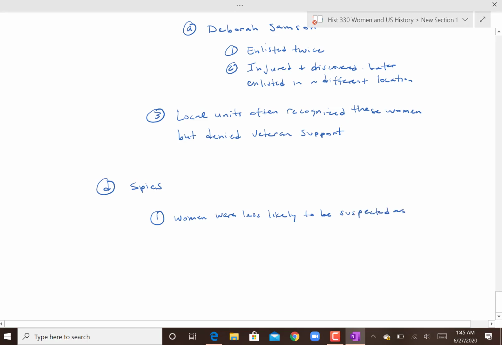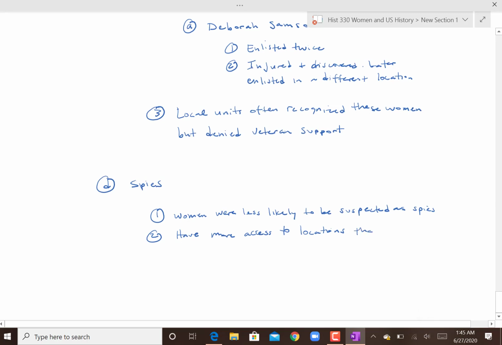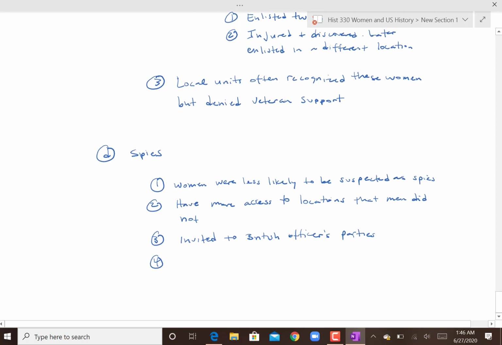So what this allowed them is that they were able to have more access to locations that men did not, without being questioned, right? They were more likely to be invited to British officers' parties, where if the men were not known as loyalists, they wouldn't be invited.